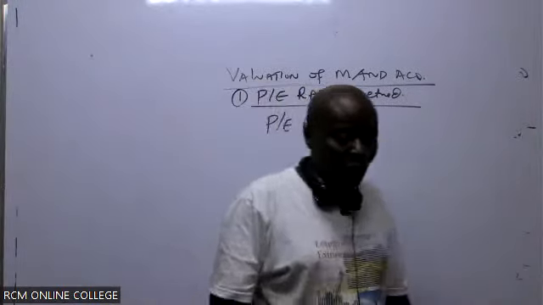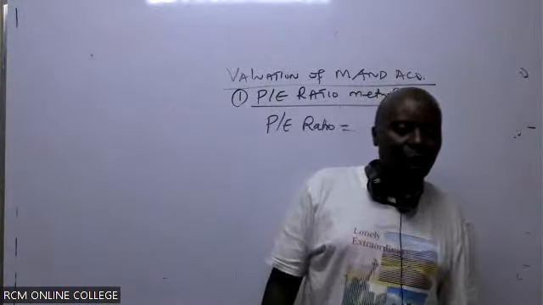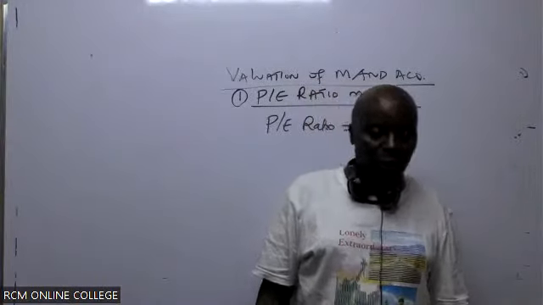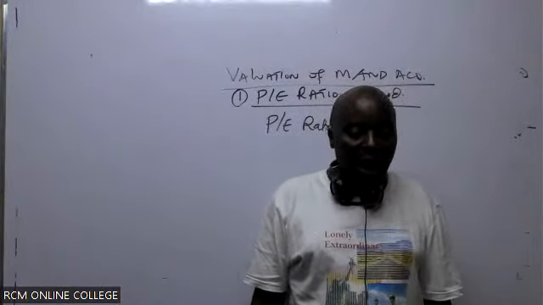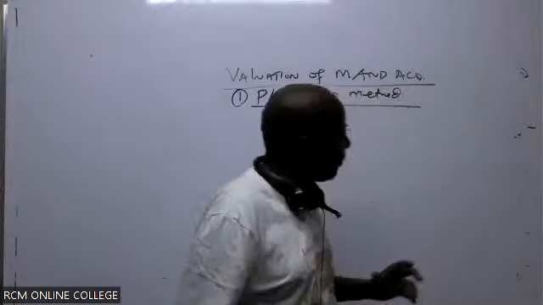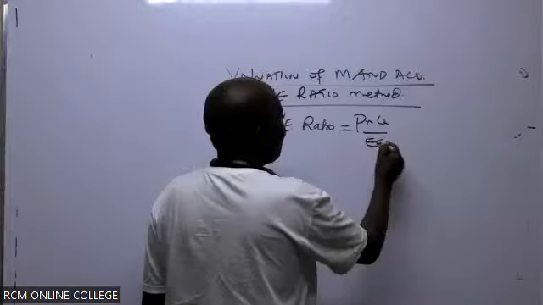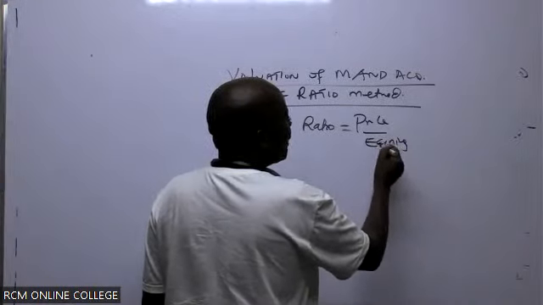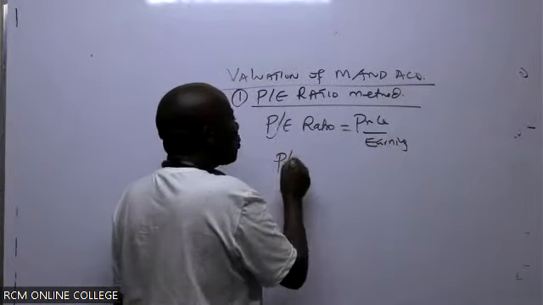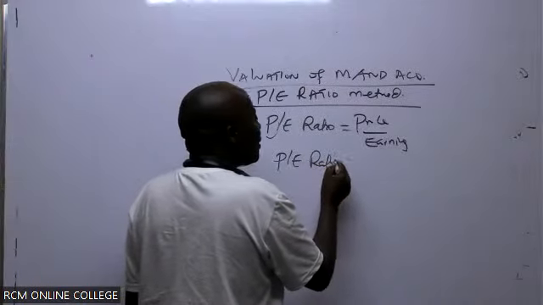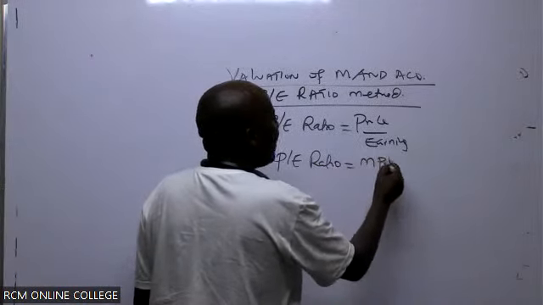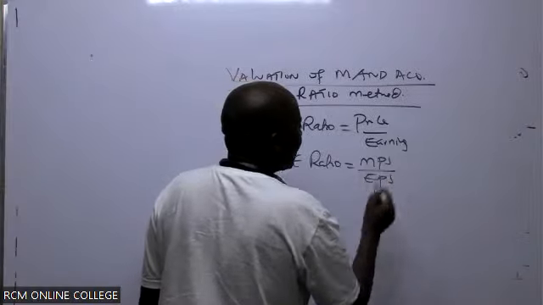It's price over earnings. Specifically, what you're supposed to remember is that PE ratio equals MPS over EPS.